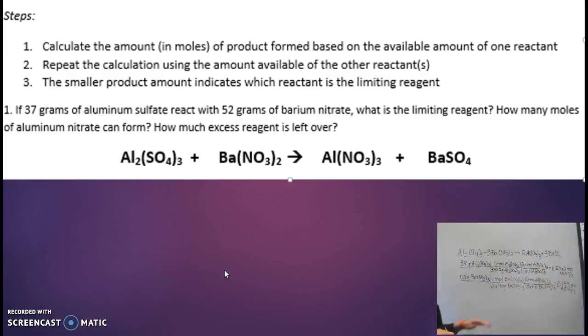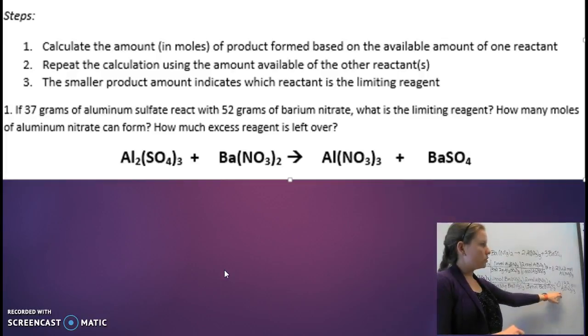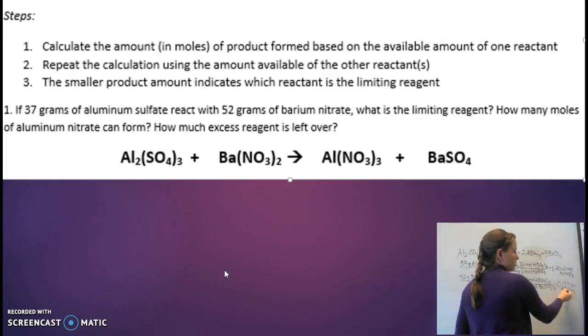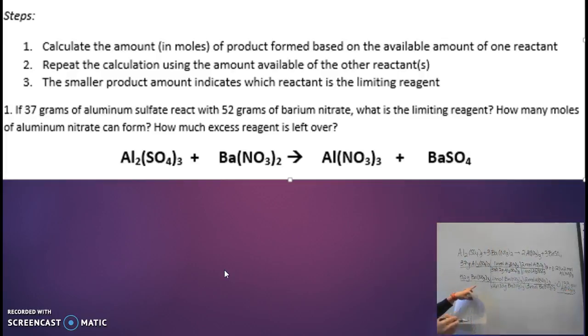So essentially what we're doing is we're just doing double of the work essentially for the problems that we were working on before. You just have to do the conversion for each of the 2 reactants. Once you figure out the number of moles of the product that you're looking for, the one that's smaller is going to tell you which one's the limiting reagent. So 0.133 is smaller, so this one right here. So that tells us that what we started with here, the barium nitrate, is going to be the limiting reagent.